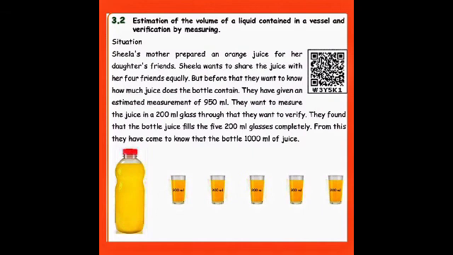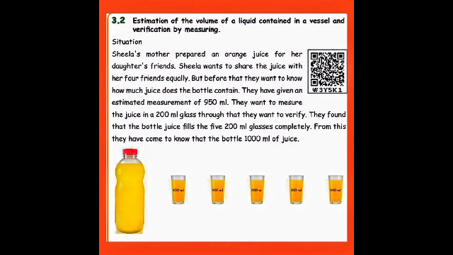Did you understand from this question? This is a situation they are giving. This is an estimation. Already we learned how to do the estimation. Here also the estimation is given. That is, they bought the juice bottle for 950 ml, but she wants to give the drink to each and everyone equally. So she wants to give 200 milliliter of juice to each one.